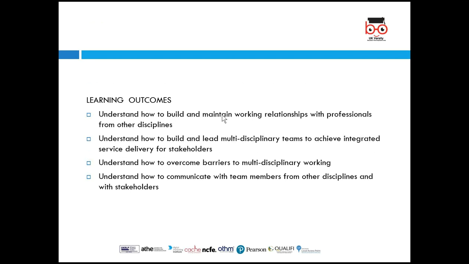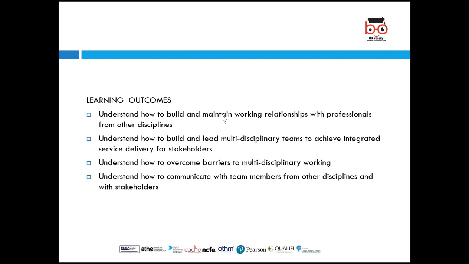Right. We have also four main learning outcomes that we will try to cover within this module. The first learning outcome is to understand how to build and maintain working relationships with professionals from other disciplines.